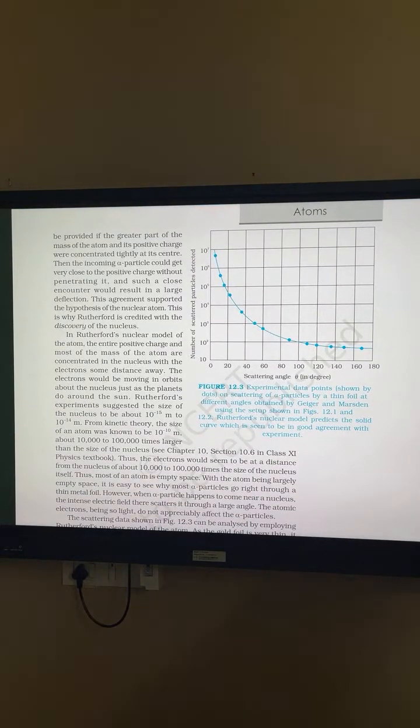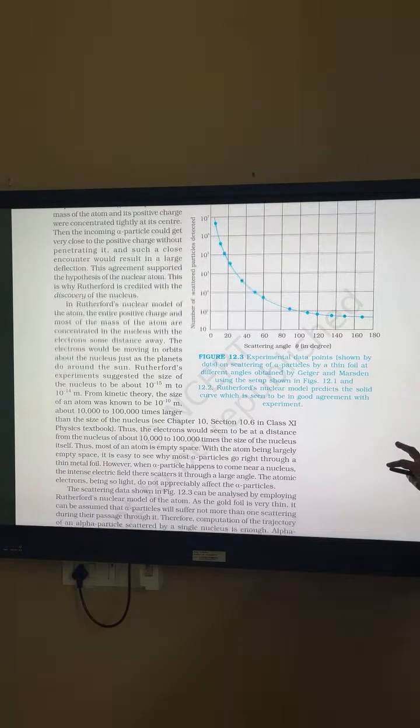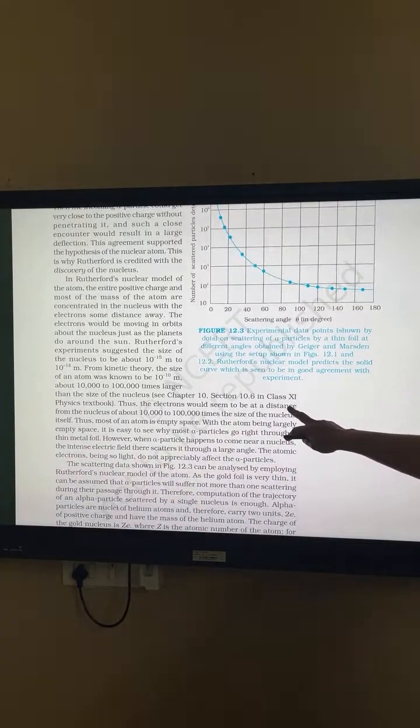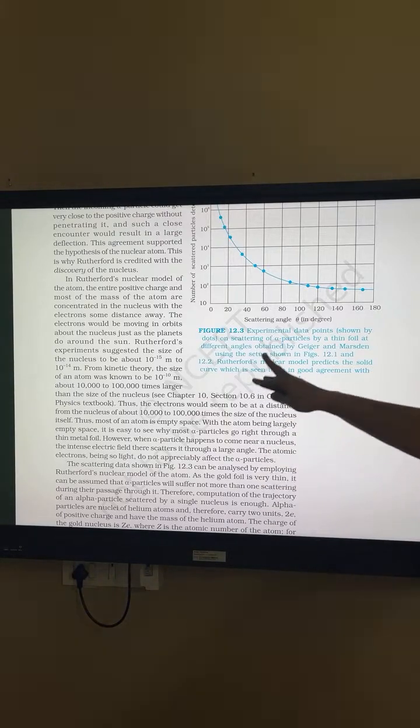Geiger and Marsden observed all the experimental data and then they drew this graph. Understood? So we just go through it and then write a point. It's all about theory.